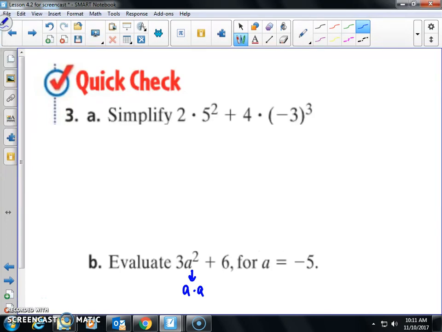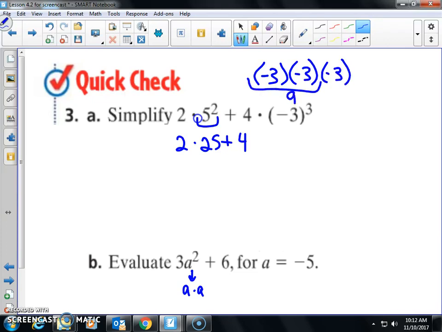Okay, I'm going to go kind of fast now. Exponents are first. Well, parentheses are first. There's no work to do in these parentheses, so I'm going to do exponents. 5 squared I know is 25. More exponents here. Negative 3 to the 3rd means negative 3 times negative 3 times negative 3. I know that's a positive 9 times a negative 3, so this is a negative 27.